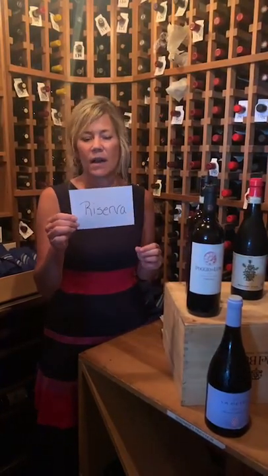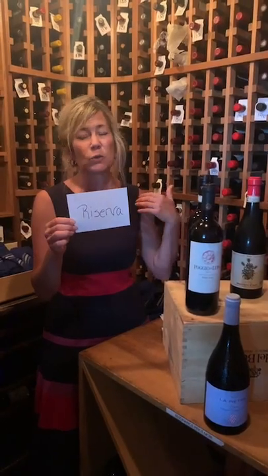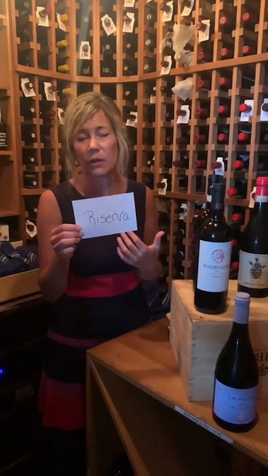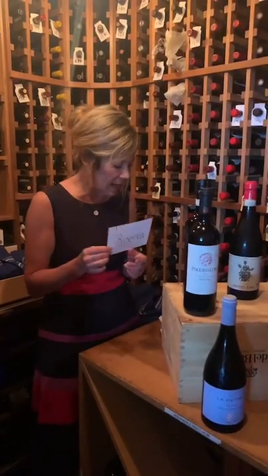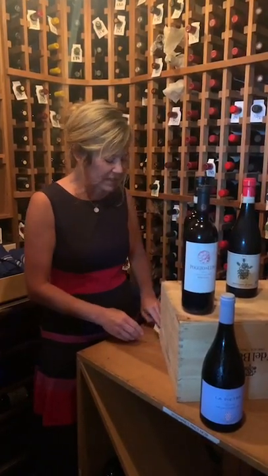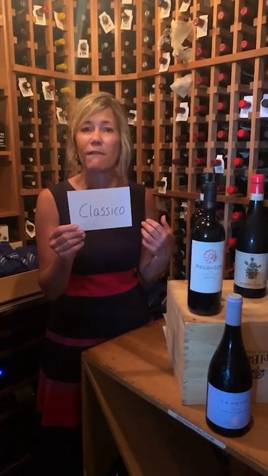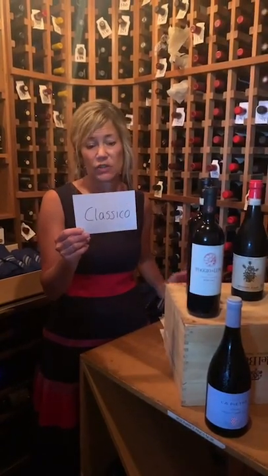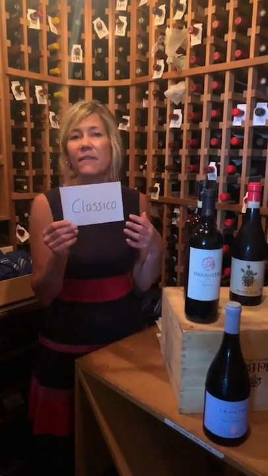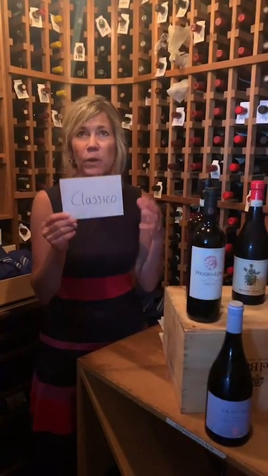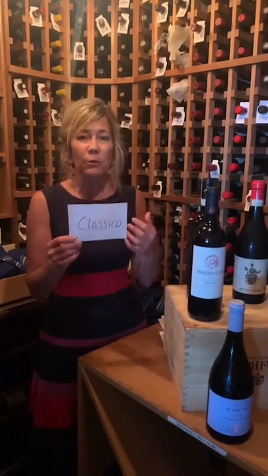Reserva, that's another terminology which will go towards aging typically, so it'll have longer aging on the wine. And then this is an interesting one because it comes up a lot, Classico. So Classico is the historic region of that, say, DOC, DOCG, where the original area was planted.